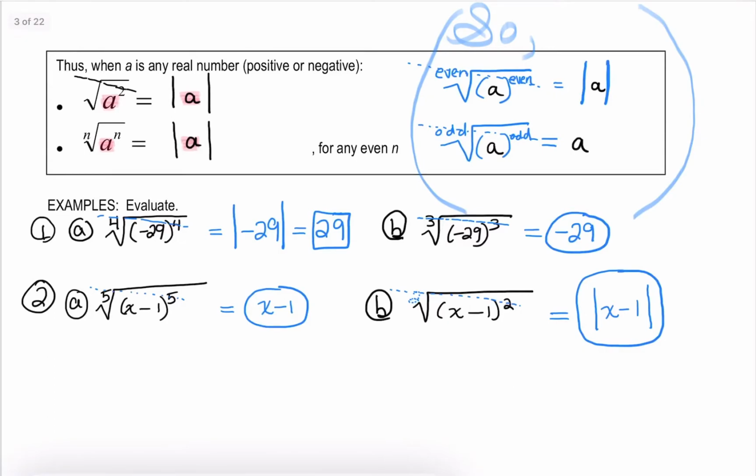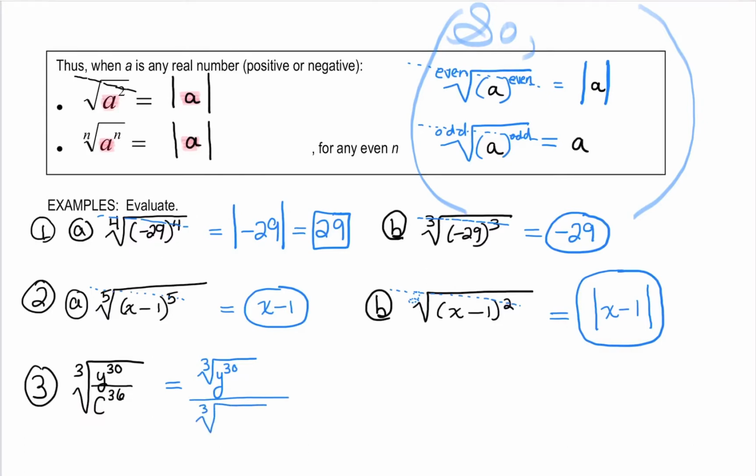All right, number 3. Let's say we had the cube root of y to the 30th over c to the 36th. So this looks a whole lot different. First thing we want to recognize is we can think of this as the cube root of the numerator divided by the cube root of the denominator.